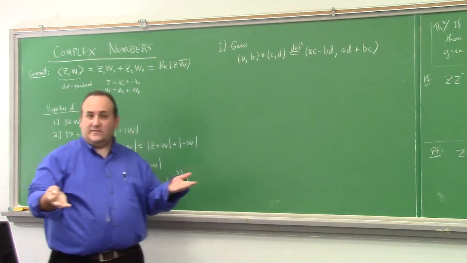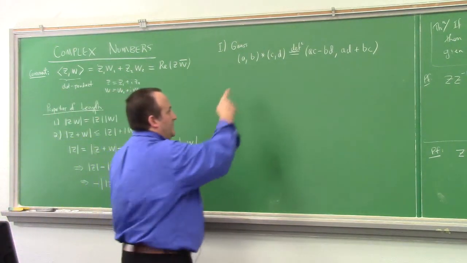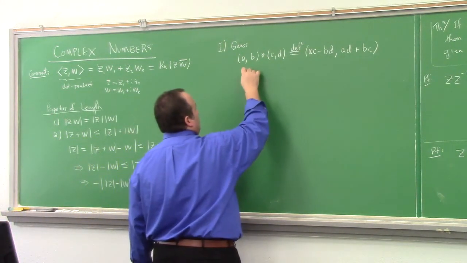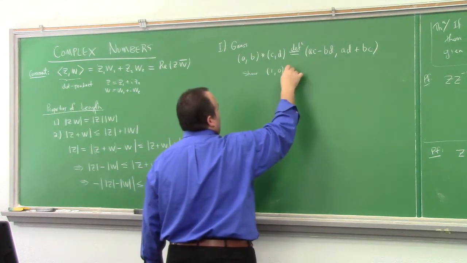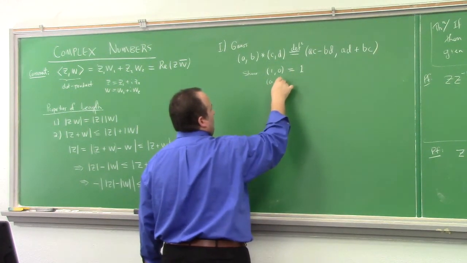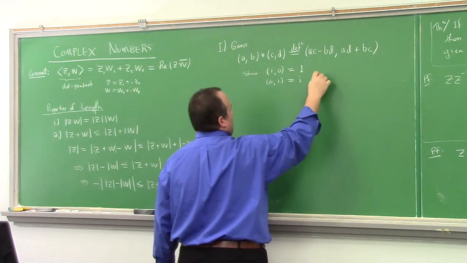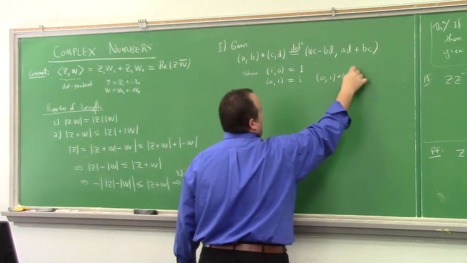And that's the definition of multiplication on the plane. And then with respect to this notation, you can show that basically (1, 0) is like 1, and (0, 1) is like i. For example, you can calculate (0, 1) times (0, 1).